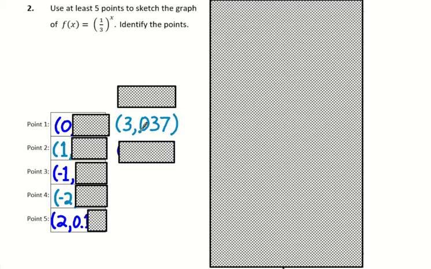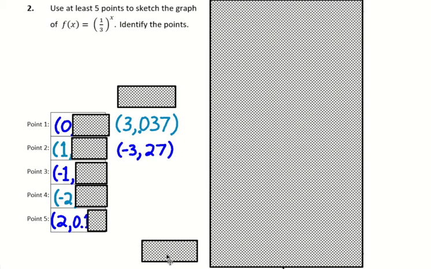I'm sure it was there at some point, but maybe I accidentally hit an undo button. All kinds of weird things happen with this ActivInspire software. So there should be a decimal point right there. So for 3, 0.037.